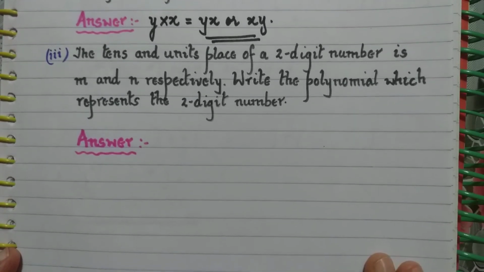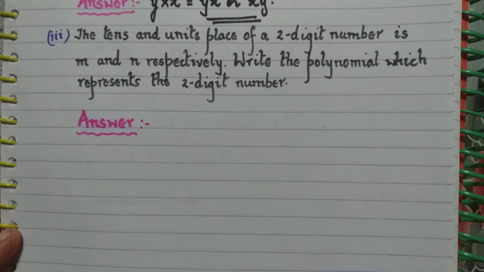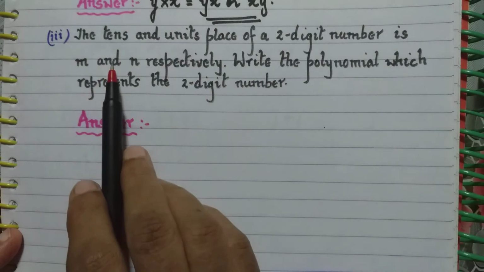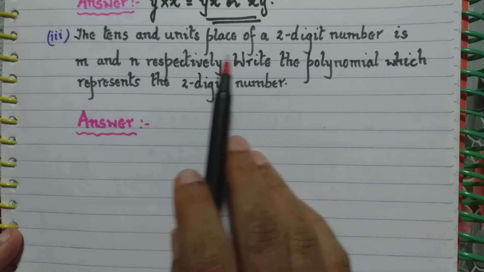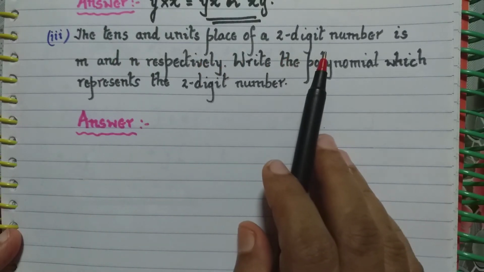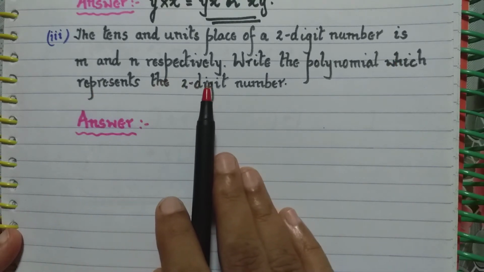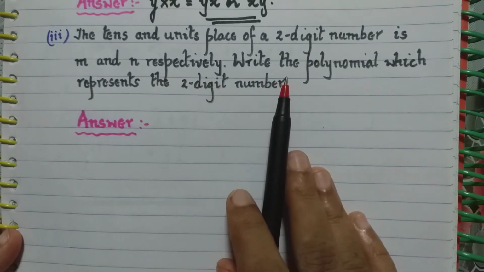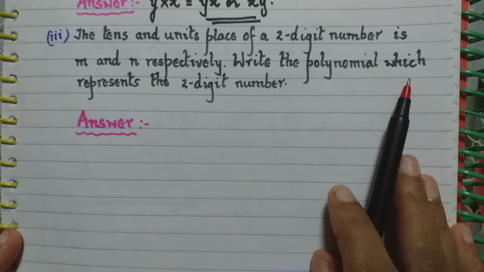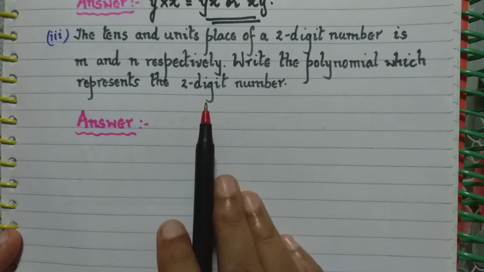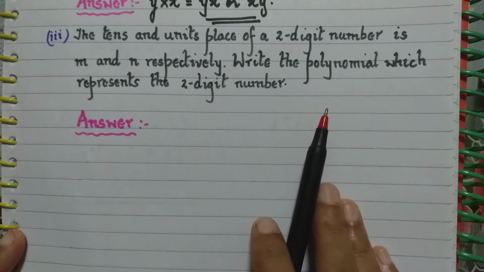Now going to the third sub question. What have they said here? The tens and units place of a 2-digit number is M and N respectively. Write the polynomial which represents the 2-digit number.